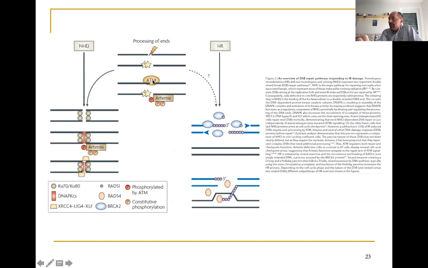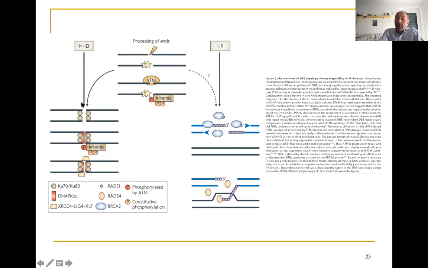ATM is the policeman, the sensor that phosphorylates the H2AX histone, and eventually there is accumulation of other enzymes like Artemis, especially if it is a complex damage. It's not always recruited, but if it is a complex clustered damage, then you will have Artemis. Then you can go through the so-called non-homologous end-joining.